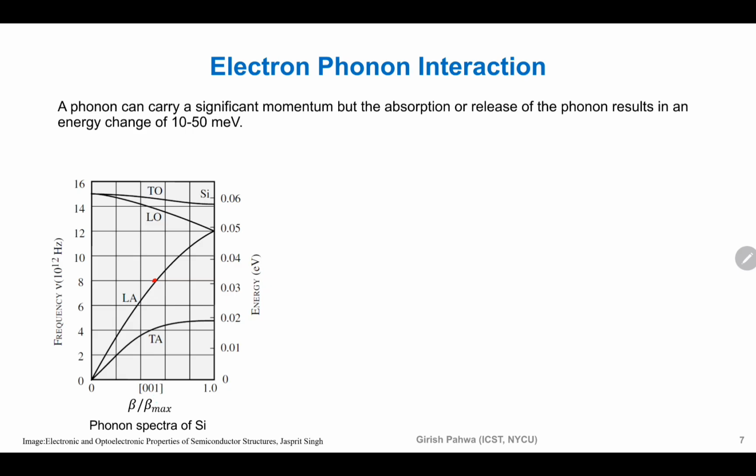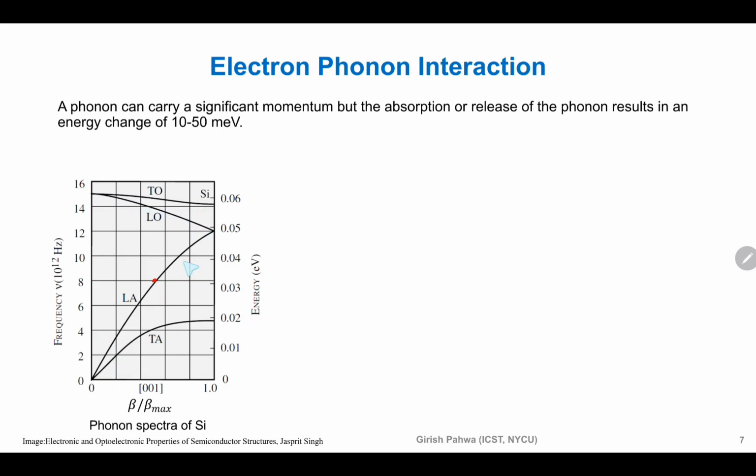It's of the same order as the wave vector for an electron, of the order of 2 pi by a or so. Remember I told you this is also pi by a and minus pi by a, so these are the same. The wave vector is similar, so it can carry a lot of momentum, but the energy is small. It's simply 30 milli electron volt at maximum.